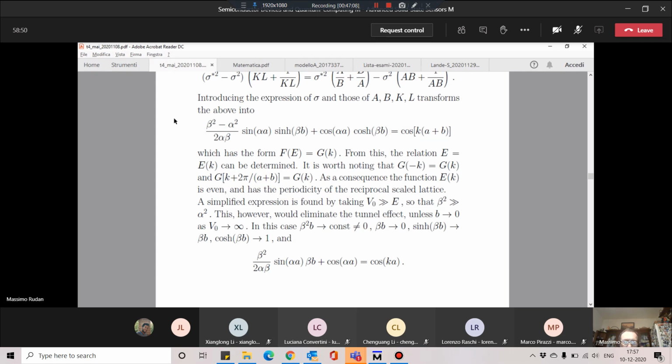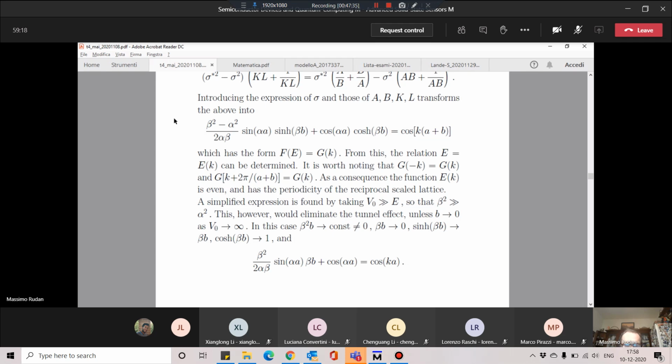So the left-hand side of this equation, as in many places alpha and beta, it is substantially a complicated function of energy. On the other hand, the right-hand side of the equation is the cosine of k times alpha plus beta. Alpha plus beta is given.